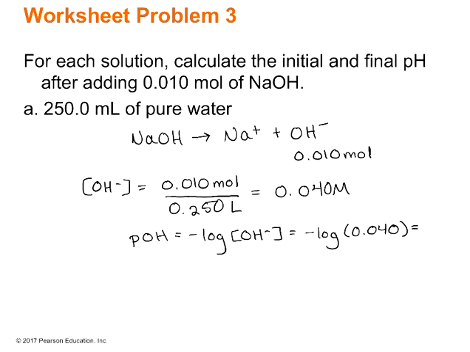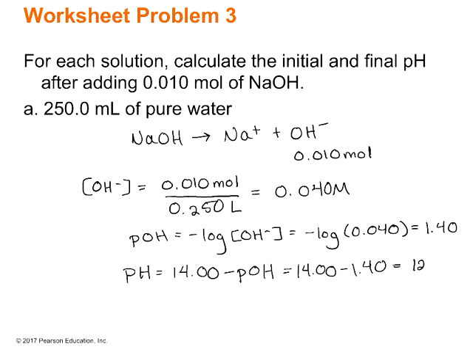And this should give us a pOH of 1.40. So then to determine the pH, we're going to subtract the pOH from 14, and we get a pH value of 12.6.